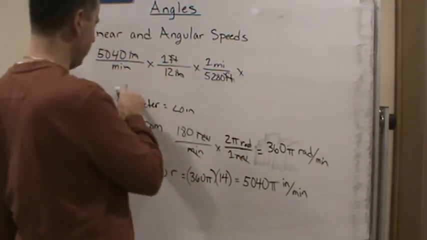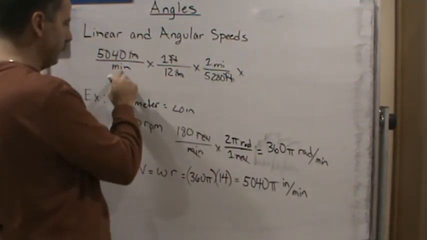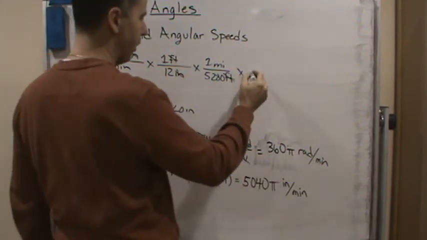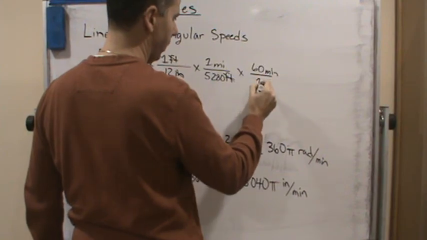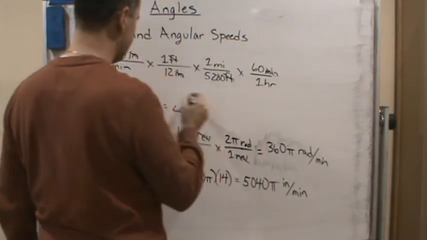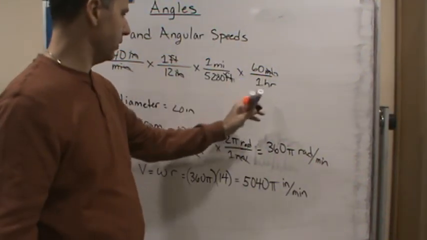Now I can deal with the minutes, because I've got miles on top and now I need hours on the bottom. There are 60 minutes in 1 hour, so minutes cancels with minutes.